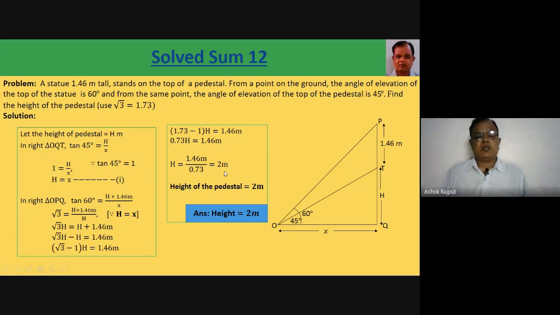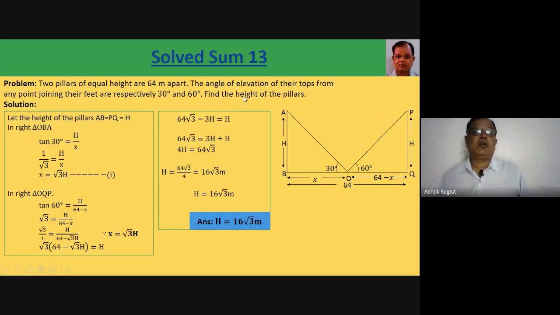Now h equals 0.89 into 81 meters, so h equals 72.09 meters. In this way we have found the height of the minar, 72.09 meters. So it is also a simple method. As we know the calculation and ratios, try to understand and practice, then it will be very easy for you.